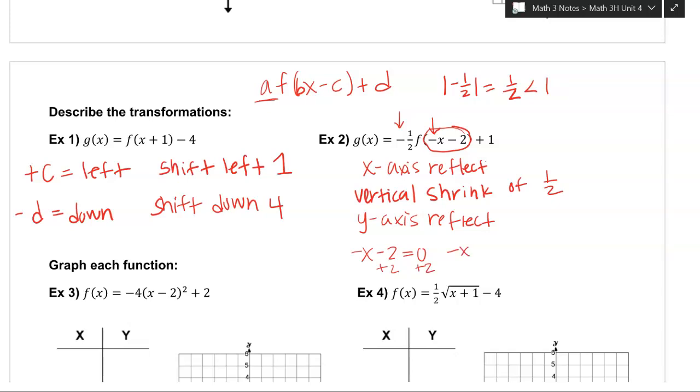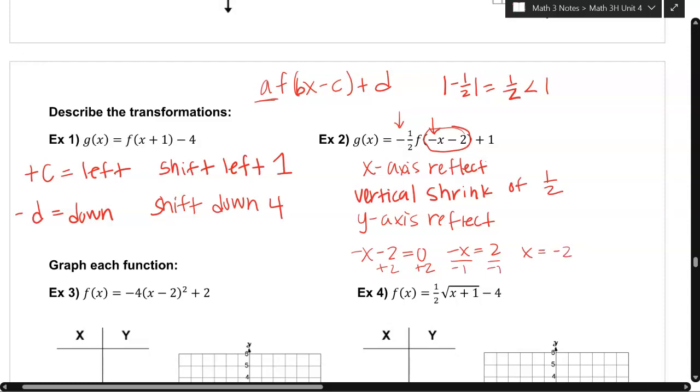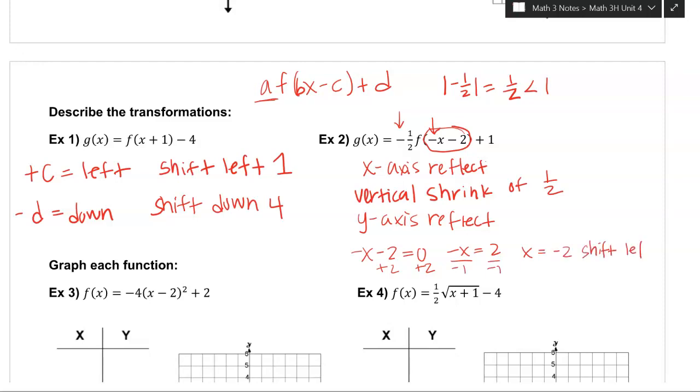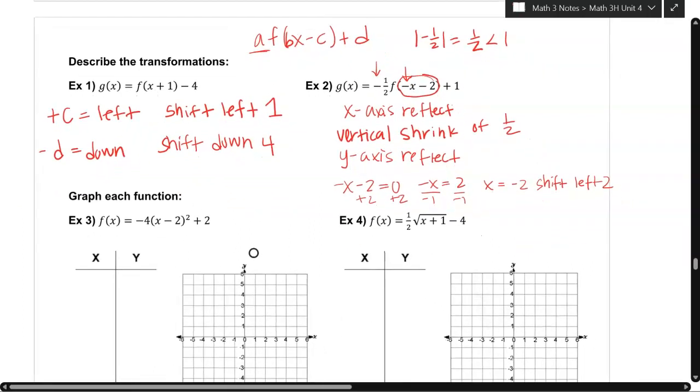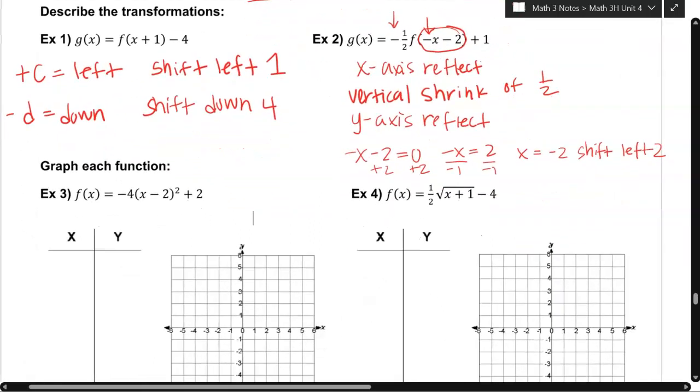But we have that negative in front of x, so that affects your right and left. So whenever you have that negative in front of x, it will change that value. So we divide by the negative, so x equals -2. So that means we're going to shift left 2. So be careful, those horizontal ones can be tricky, especially if there's that negative in front.